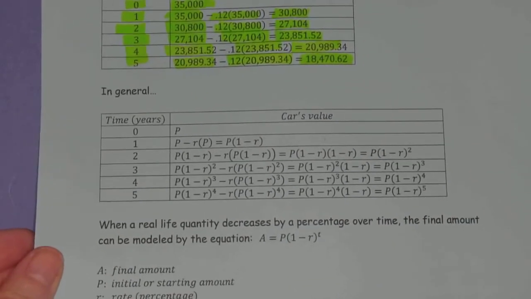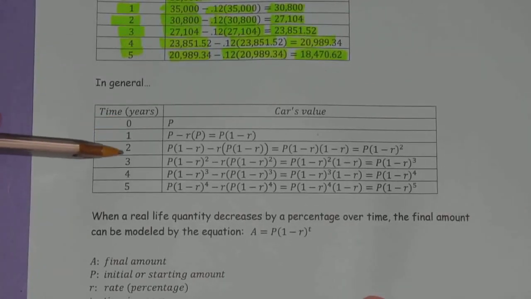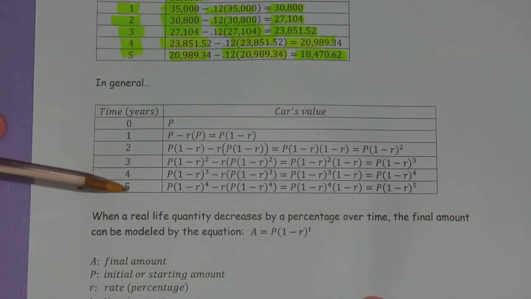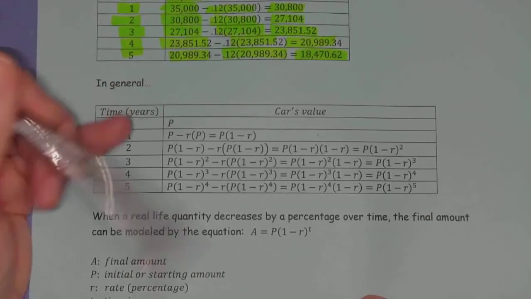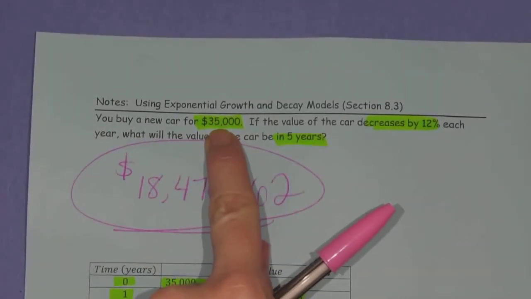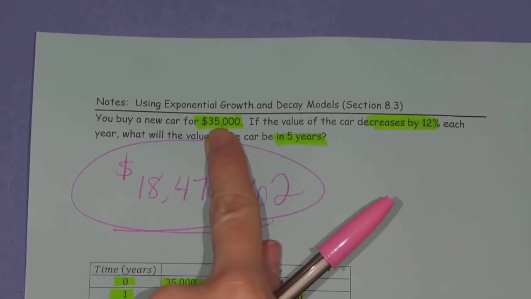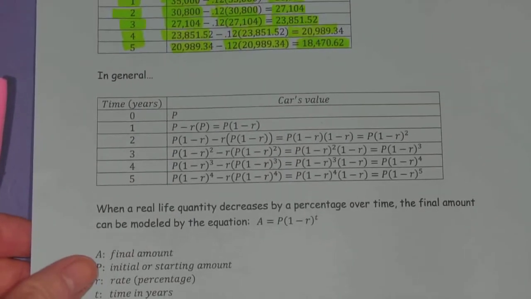It says in general. Okay, the time in years is staying the same. Time is consistent. It's always going to be 1 year, 2 years, etc. But for the car's value, I want to be able to do any car, maybe not just the $35,000 car, maybe a $20,000 car or a $10,000 car. So I want to make the right side of my table really general.